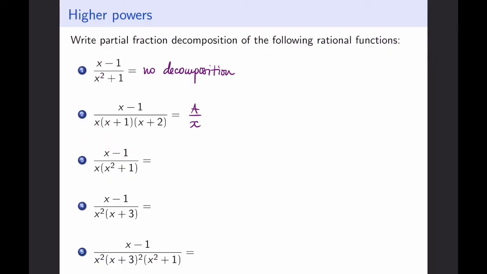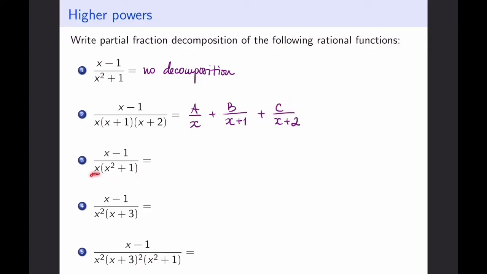So my first linear factor will be something over x plus something over x plus 1. And again, being 1 power less than the denominator means that the top here will have to be a constant. And then something over x plus 2. Same thing here. Because the denominator is linear, the top will be a constant. What have we here?